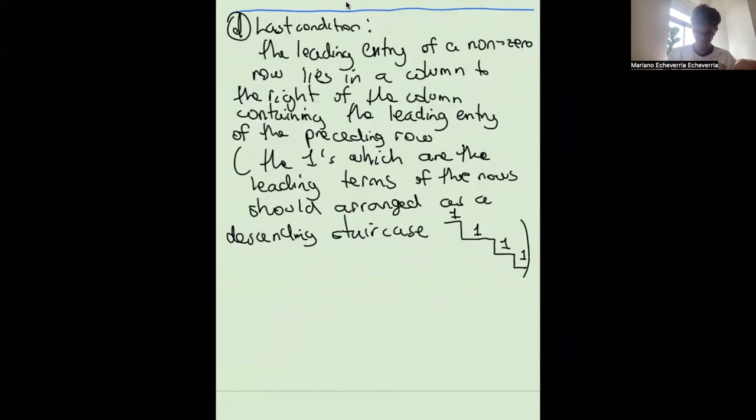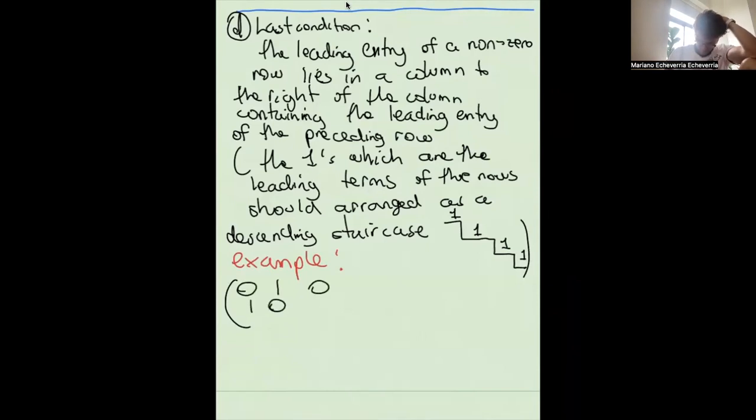So here's an example. If you had this matrix, let me put two 3x3 matrices. So if you had something like this, okay, this one is bad. Why?